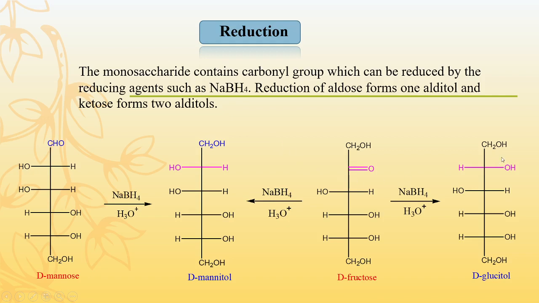Therefore, we get two types of product: in one, the hydride attacks from this side, so we write this hydrogen on this side, and in the other, the hydride attacks from this side, so we write the hydrogen on the right-hand side. So the fructose, that means the ketose, forms two alditols, but the aldoses form only one product. That means mannose is converted into D-mannitol, but D-fructose is converted into D-glucitol and D-mannitol when it is reacted with NaBH4.